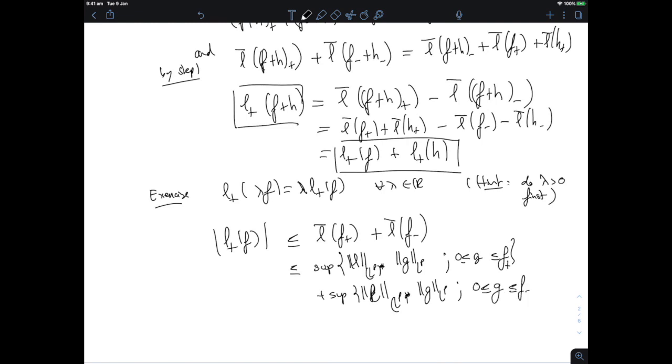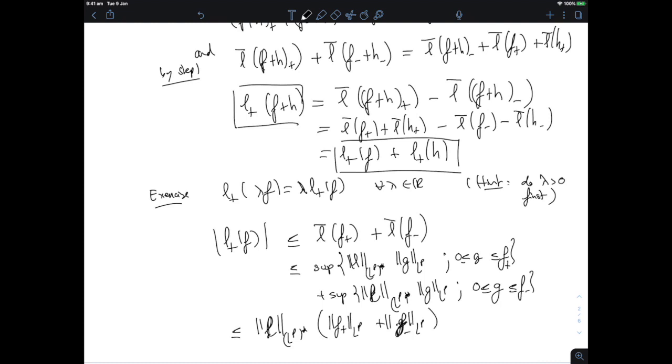Right, now when you have a non-negative function, if you increase the non-negative function, you increase its LP norm. So what I have here is smaller than norm of L in LP star times the norm of F plus in LP plus the norm of F minus in LP.